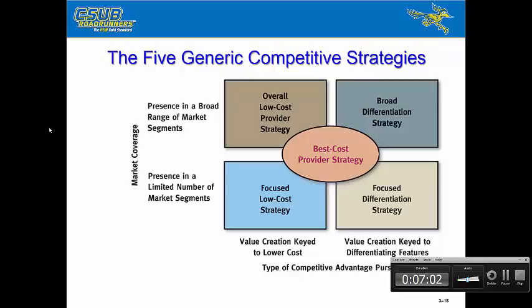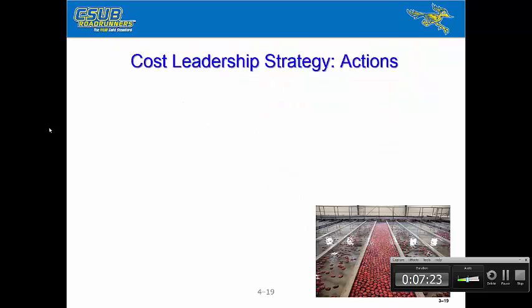And finally, it is possible to combine elements of both and have relatively low prices or relatively low costs, but also offer some differentiating features. So there's really 5 competitive strategies when you get to the nuances, but in terms of this class, the only thing that is important for your case paper is whether the company is competing on cost or whether they're competing on differentiation.